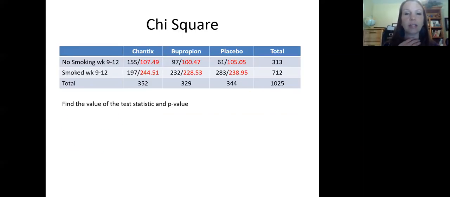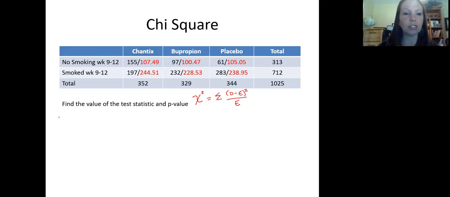Here on the next screen, I've got all the expected counts in there. Now I'm ready to calculate the test statistic, which is chi-square, of course. We calculate chi-square by taking the sum of the observed count minus the expected count, squared, divided by the expected count. I'm going to do this calculation for all six cells.